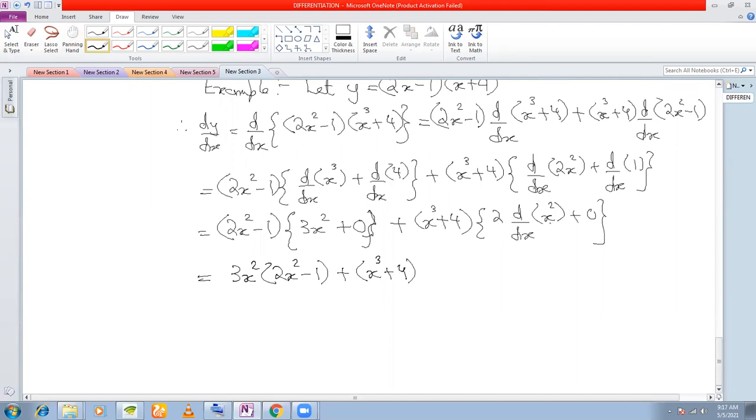Now see here, 2 into d/dx of x square is 2x, right? And plus 0, so we omit that. So this is 3x square into 2x square minus 1 plus 4x times x cube plus 4. Now if you want, you can simplify this a little. You get 6x to the power of 4 here.